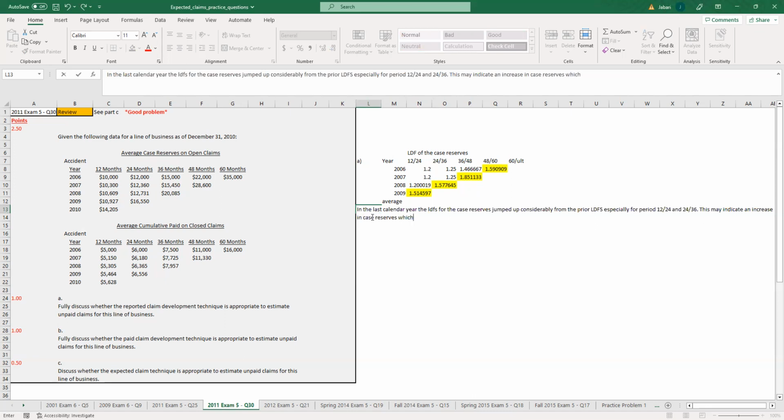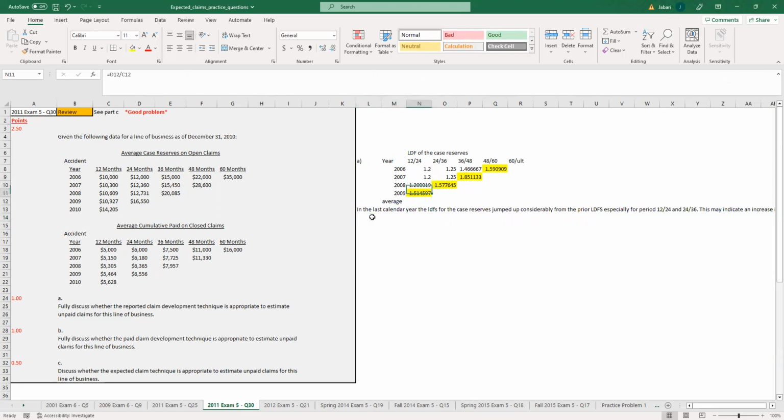which would make the reported claim development technique overestimate, right? So if we increase the LDFs here, but we're taking an average of all of these to get the CDF, we're going to have a lower cumulative loss development factor, which means we would.